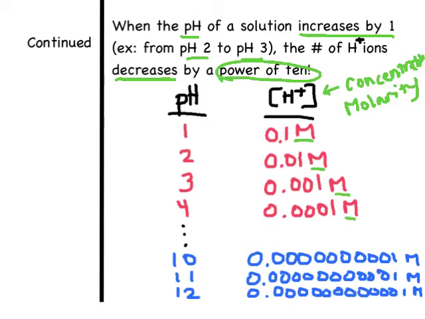If we take a look at the difference between pH 1 and pH 2, the hydrogen ion concentration of pH 1 is 0.1, whereas the hydrogen ion concentration of pH 2 is 0.01. So that's a times 10 difference, a tenfold difference.